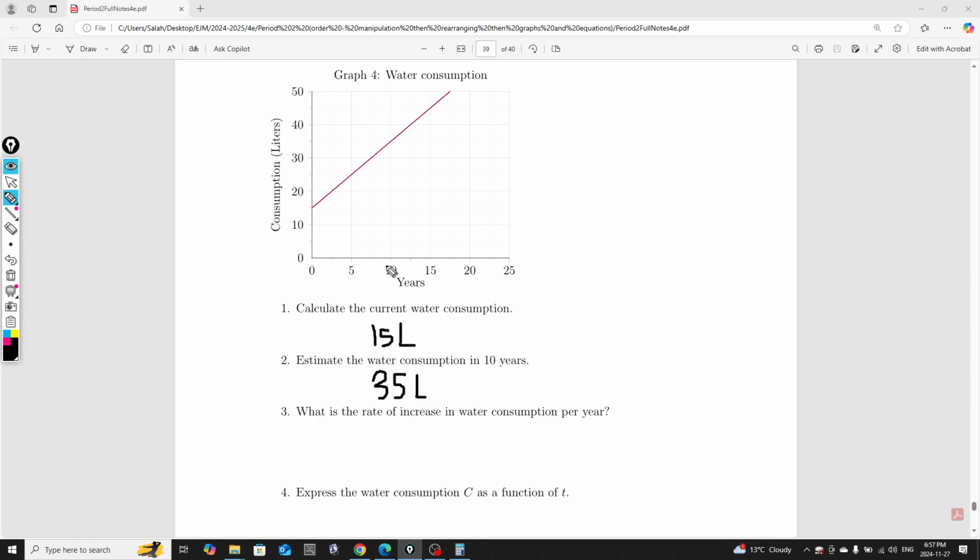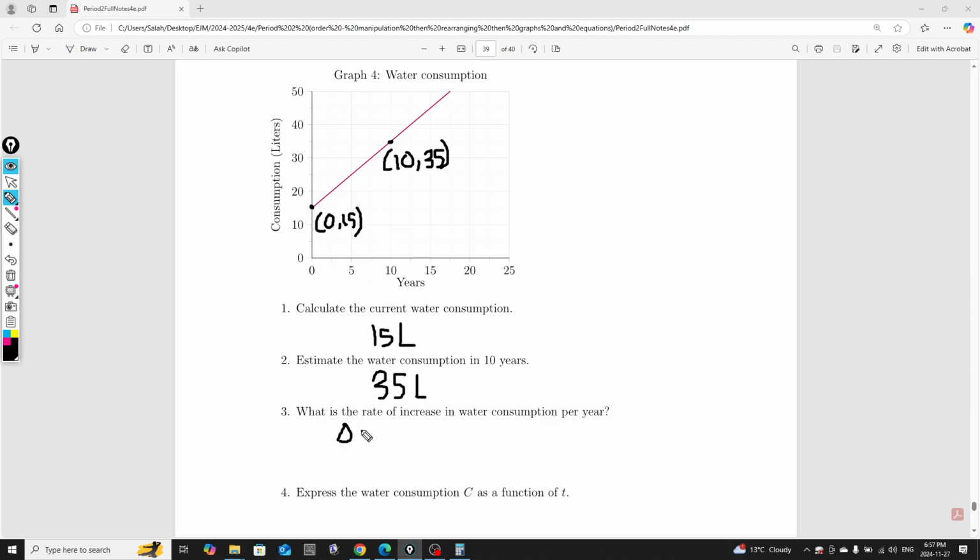And what is the rate of increase in water consumption per year? Well, this point right here was 0 and 15, and this point right here was 10 and 35. Okay, so I've got my 2 points. I can see that I increased from 15 to 35, right?